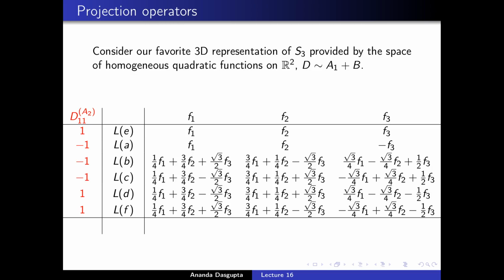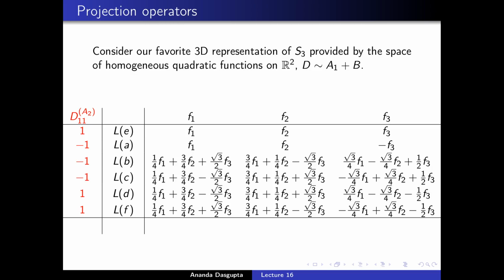If you carried out L_E minus L_A minus L_B minus L_C plus L_D plus L_F on each one of F1, F2 and F3, what that would mean, for example, is for F1 you would take the first column and form F1 minus F1 minus 1/4 F1 plus 3/4 F2 plus root 3 by 2 F3, minus the next vector, plus the vector after that, plus the vector after that.